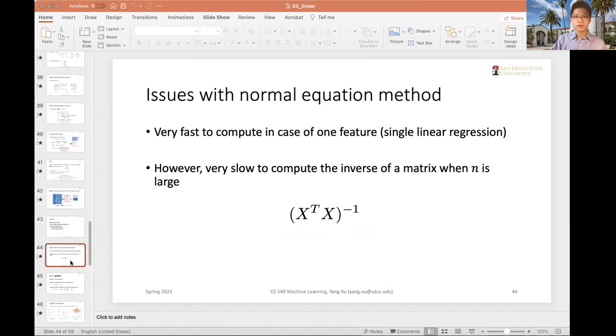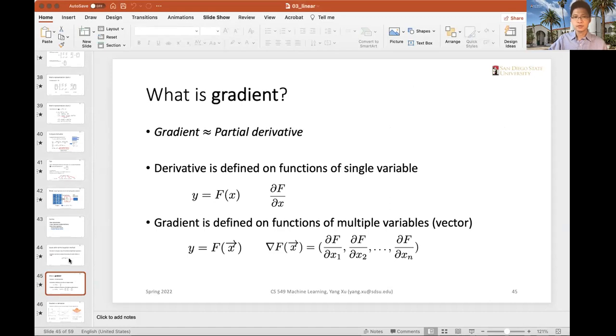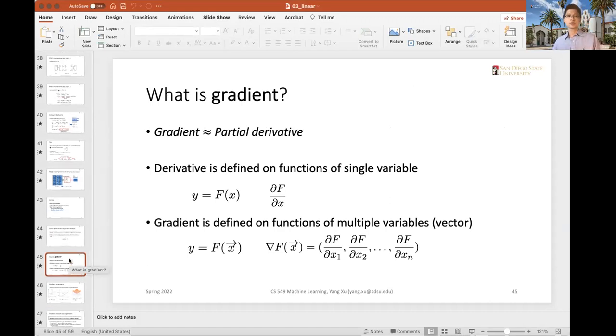And most laptop computers cannot handle such computation easily. Okay, so that's why we introduce a second method in this scenario for the linear regression problem.